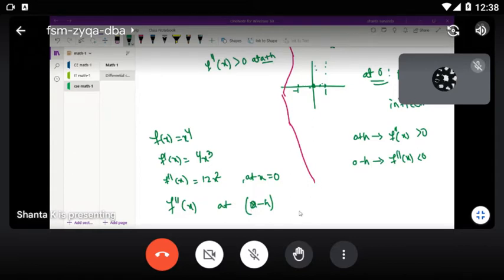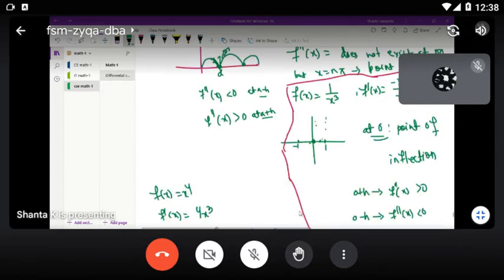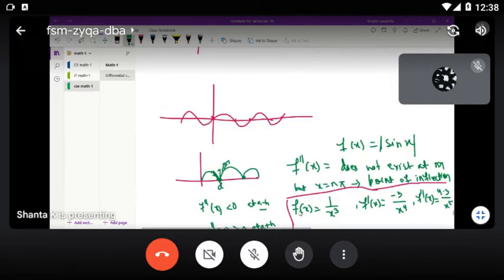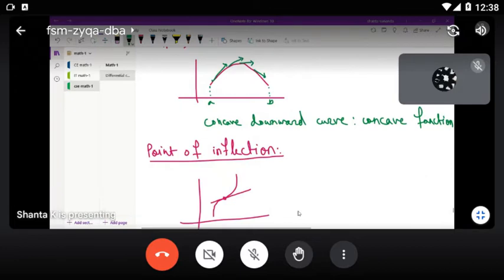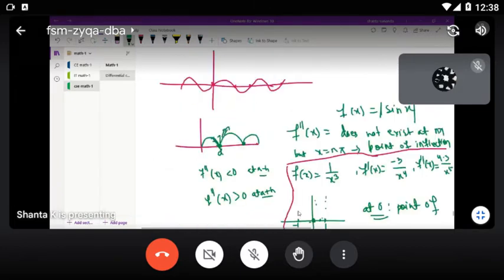Ma'am, in the graph of f of x equal to mod sin x, the concavity is not changing. So how can we say that it is a point of inflection? Concavity, if you say it's concave, but it is going now from concave downward to concave upward. It is moving. If you look at this one, the tangent, and here if you look at this one, the tangent.